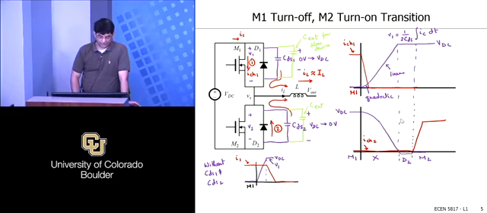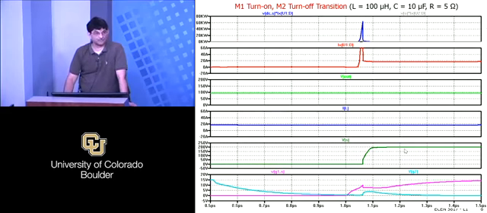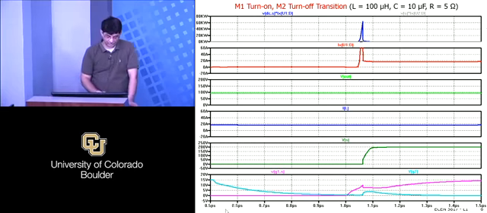Now let's look at the more tricky transition. This is where we had a much larger amount of energy going into the M1 device. We'll take a look and see where that energy goes and what the cause is. We saw two things happening here.